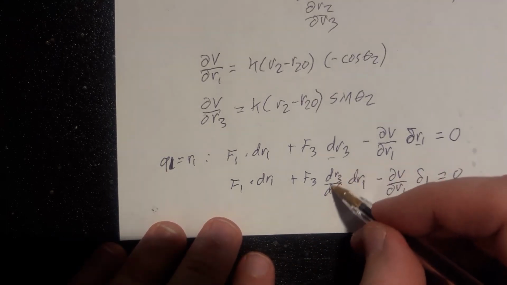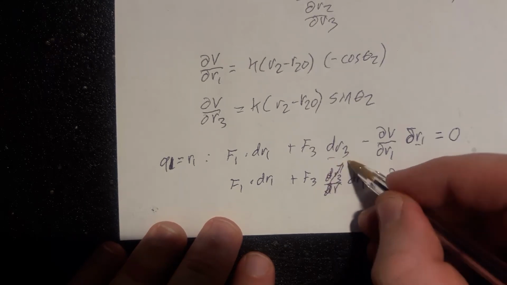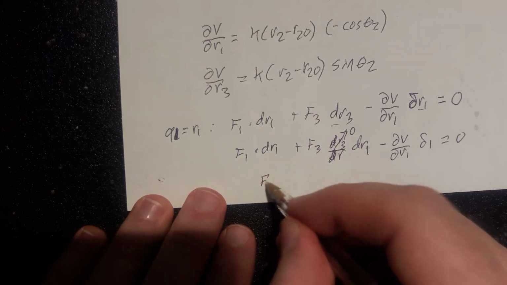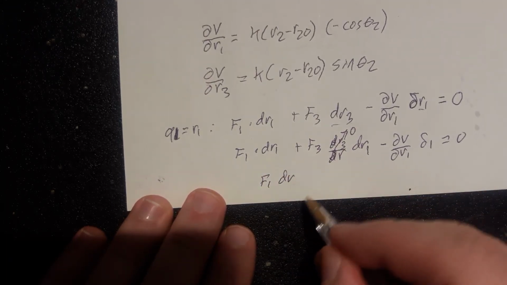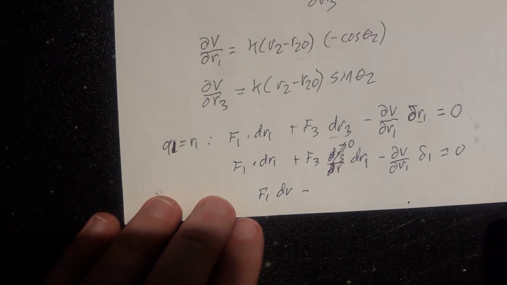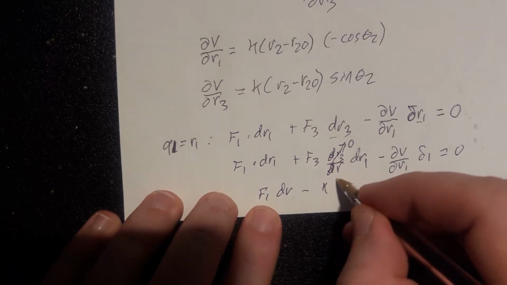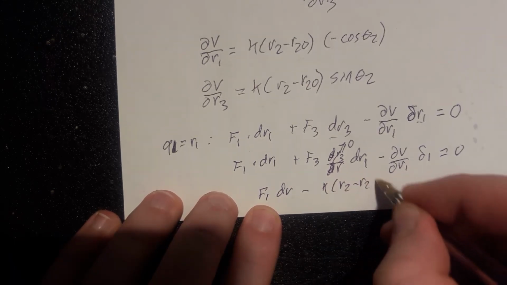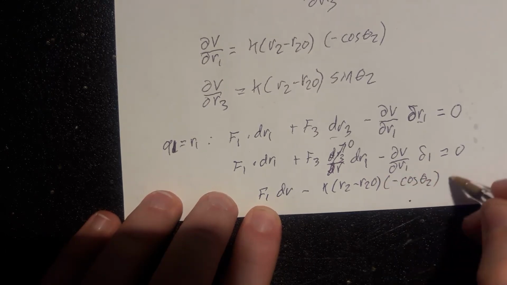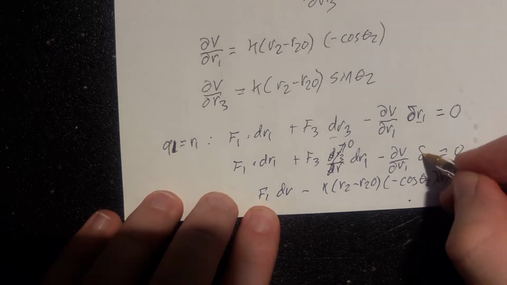Now this term we've already talked about. It's actually partial derivatives in here, but it's just equal to 0. So that term disappears, and what we're left with is F1 dr1 minus our dV/dr1, which we just found, is k (r2 minus r2 naught) times minus cosine theta 2 equals 0, and there's a dr1 in there.